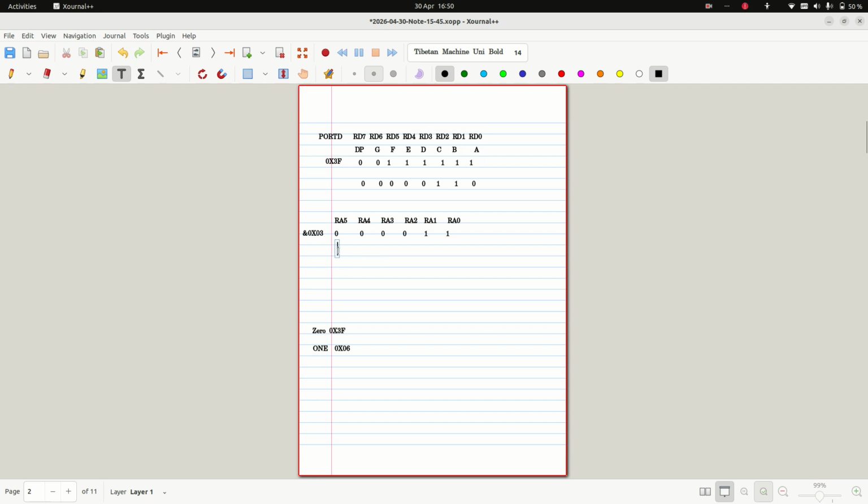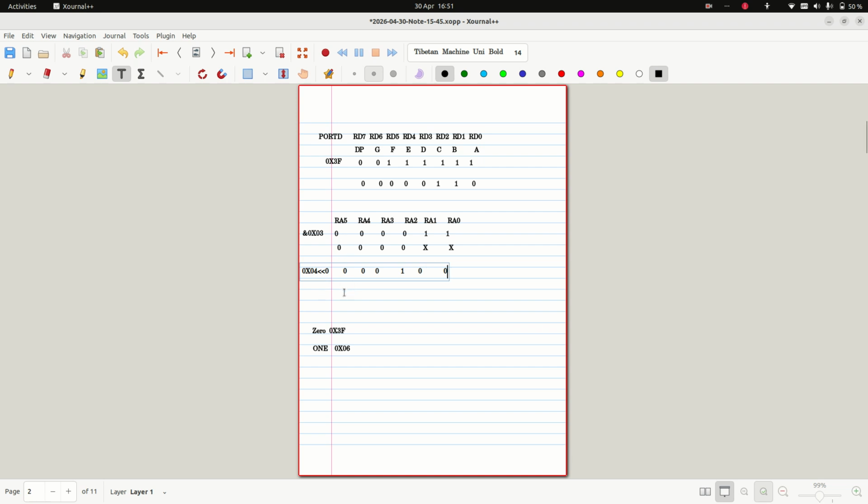Before that we need to write this: 0, 0, 0, 0, then X and X. So now we are considering the shift operation with 0x04. So here 0, 0, 0, then 1, then again 0, then 0.